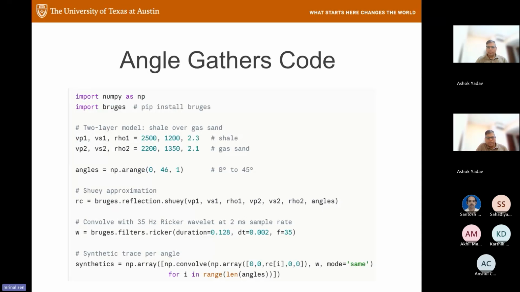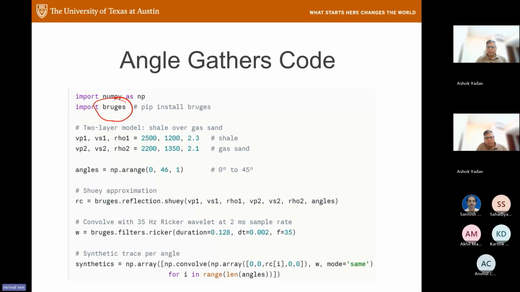Okay, so here is a little snippet of a code for generating angle gathers, and this is the library that you can import. Okay, and if you can just search, and you can go to that GitHub site, and you can find a lot of very useful code.